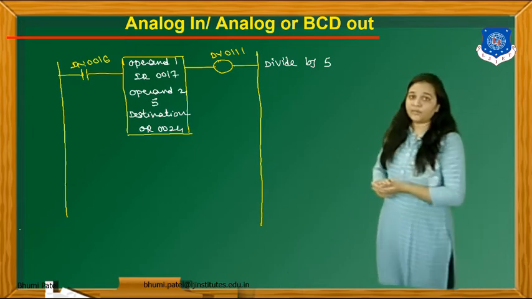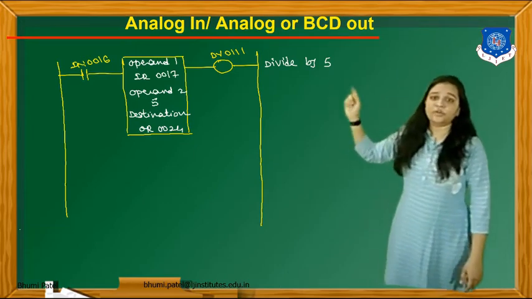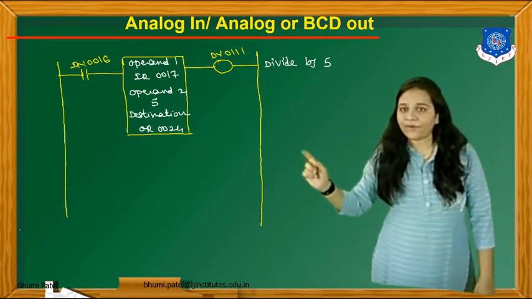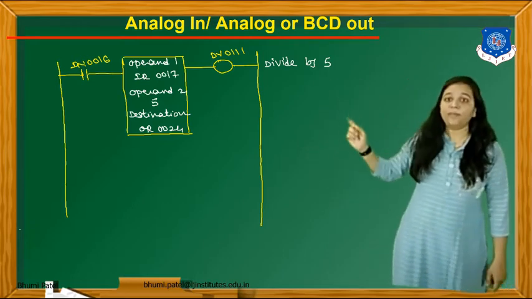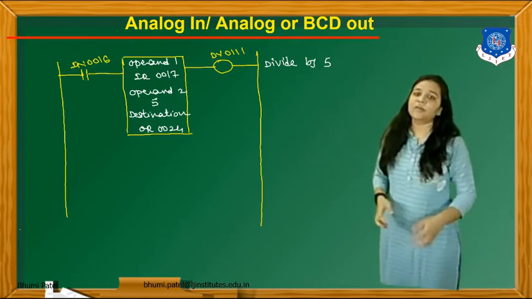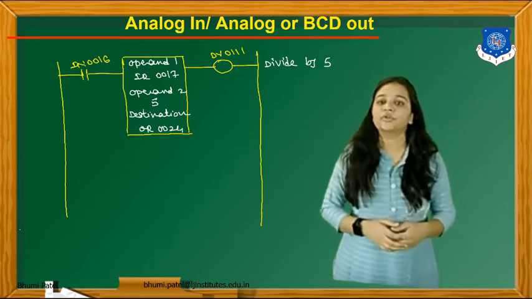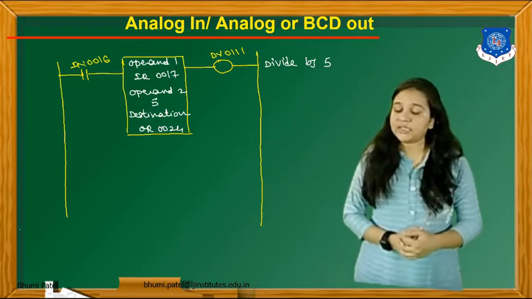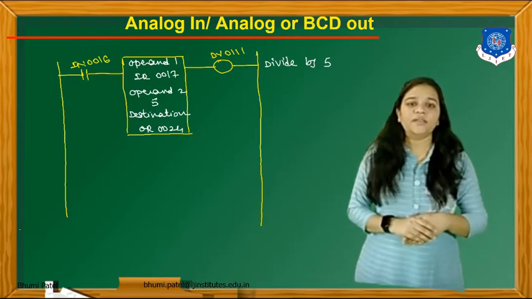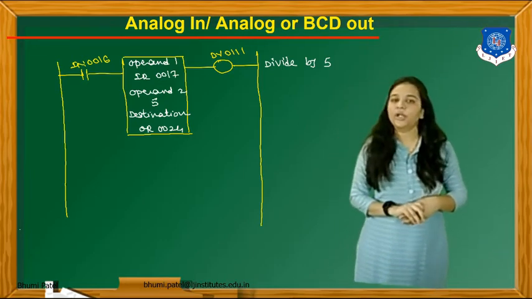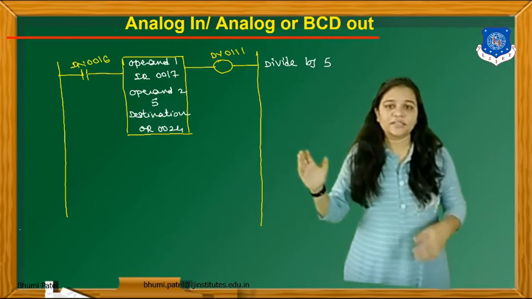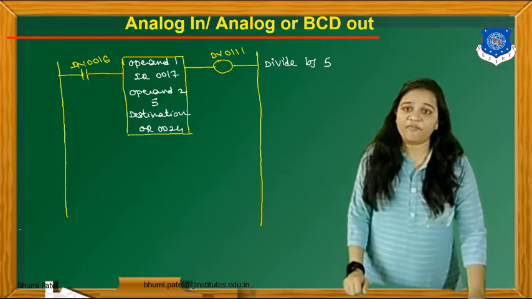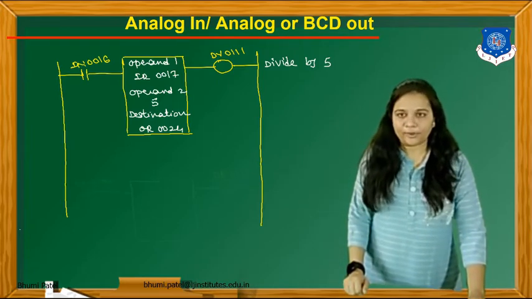In operand number 1, IR 0017; operand number 2, 5, that is given in the problem; and the destination address will be stored at OR 0024. Input is given IN0016 and the command of the division is DV0111. So after this rung, the value will be divided by 5.